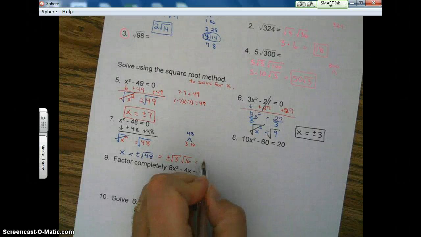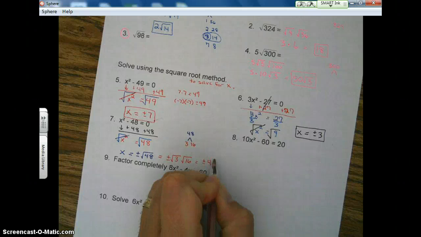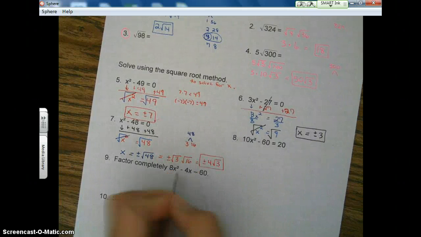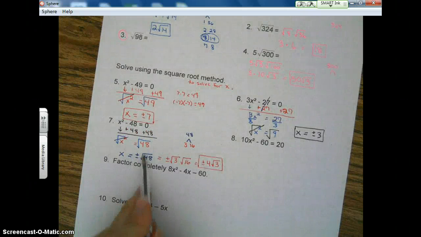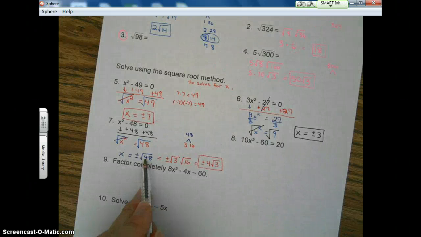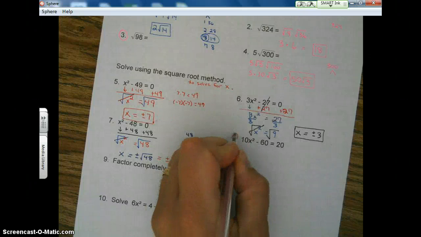So I'm going to have plus or minus 4, and then I'm going to leave the radical on the 3. I do expect you to simplify your radicals if possible. If it's prime or it doesn't factor into a perfect square like this one does, then you just leave it. Okay? Go ahead and try number 8 on your own.